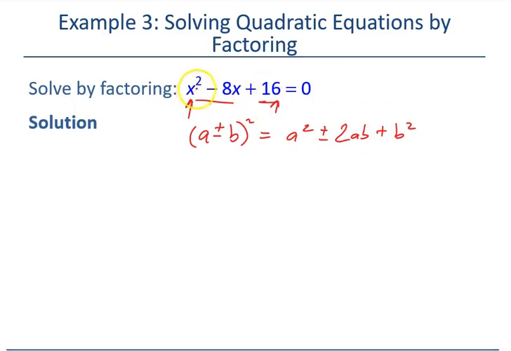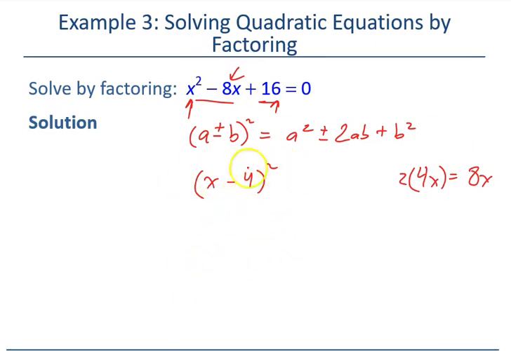The square root of x squared is just x. The square root of 16 is 4. I've got a subtraction in the middle here. Does this work? 1x times 4 gives me 4x, and if I multiply that by 2, I get 8x, which is exactly what I have right here.